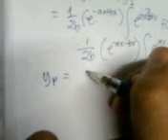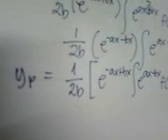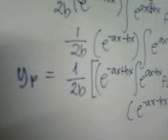So further simplification, we have yp is equal to 1 over 2b times e to the negative ax plus bx times the integral of e raised to ax minus bx times f of x dx, minus e raised to negative ax minus bx times the integral of e raised to ax plus bx times f of x dx.